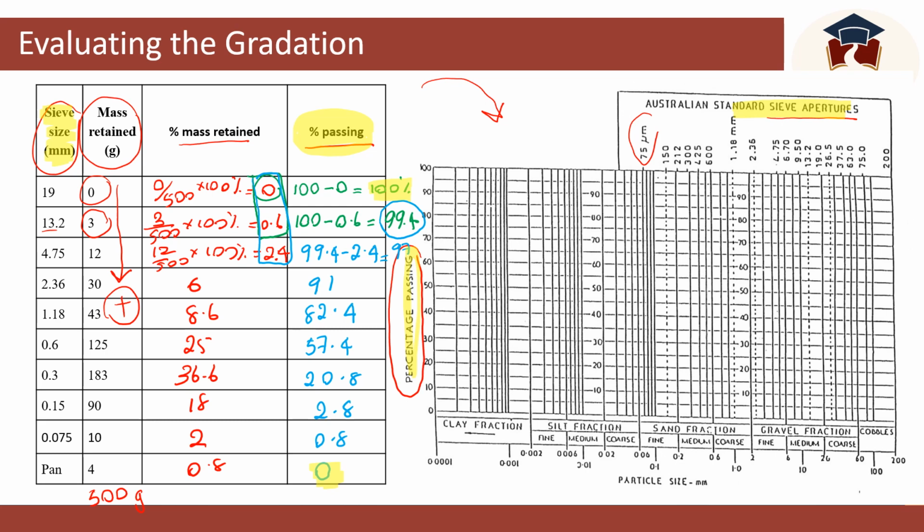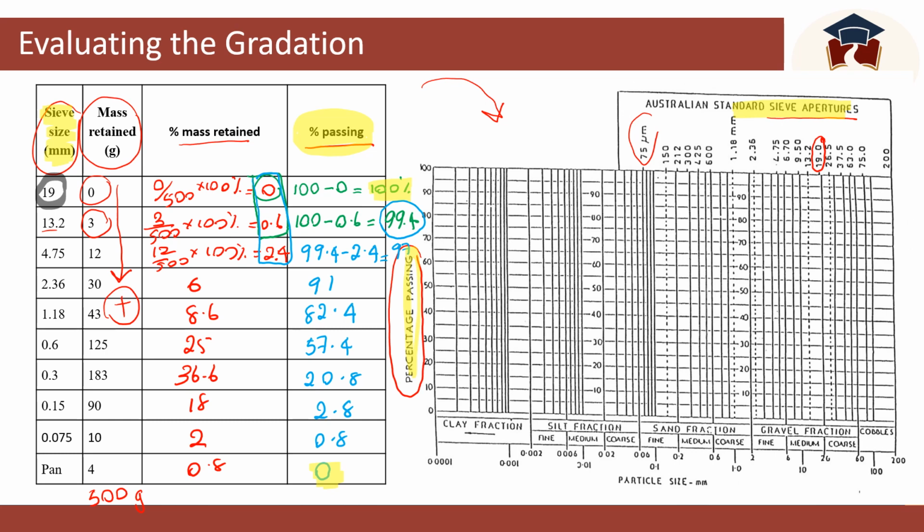Let's plot a few points here. So 19 is here, 100%.